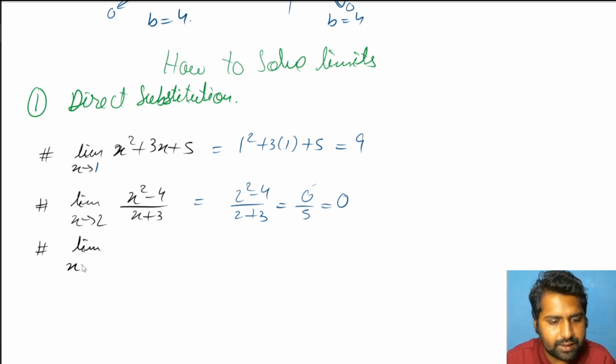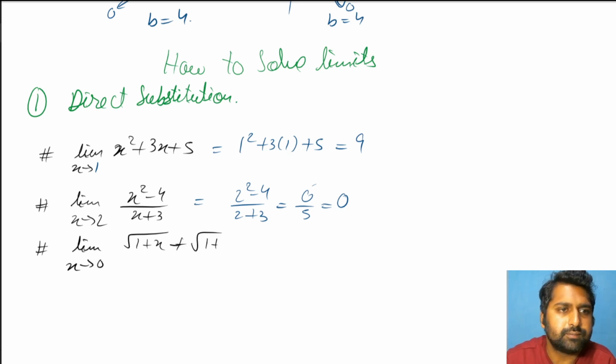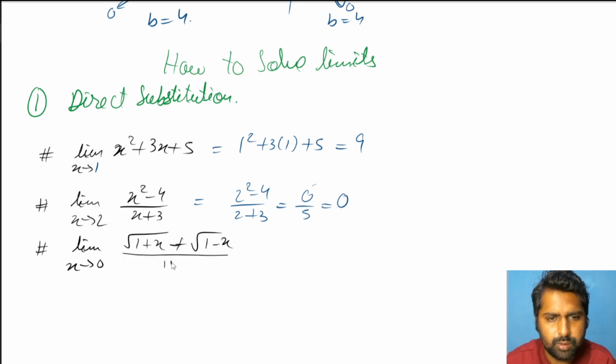Limit x tends to 0, square root of 1 plus x plus square root of 1 minus x upon 1 plus x. Okay, I've made the expression complicated, but the limit is x tends to 0, so replace x with 0. So square root of 1 plus 0, square root of 1 minus 0.